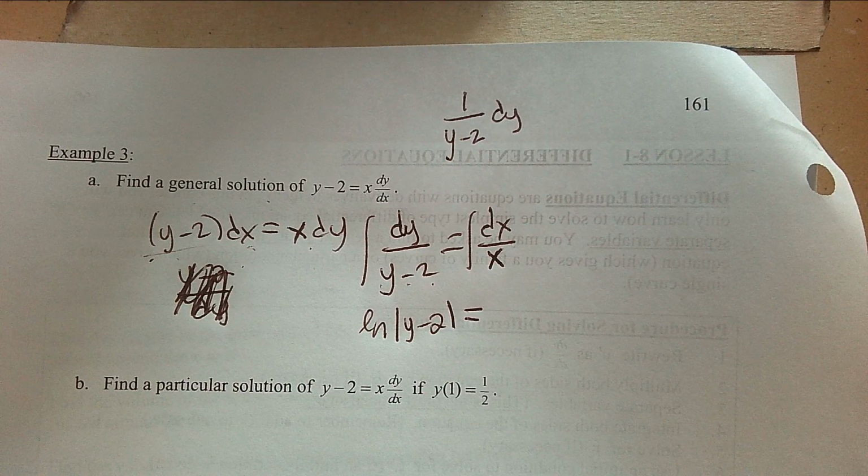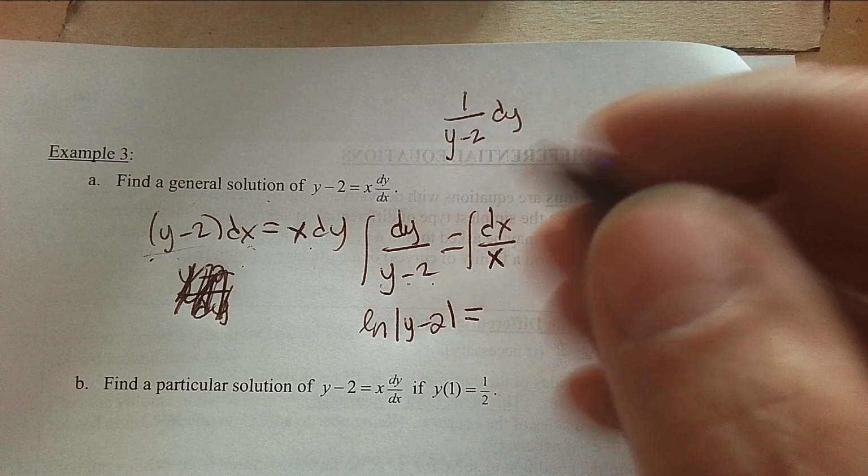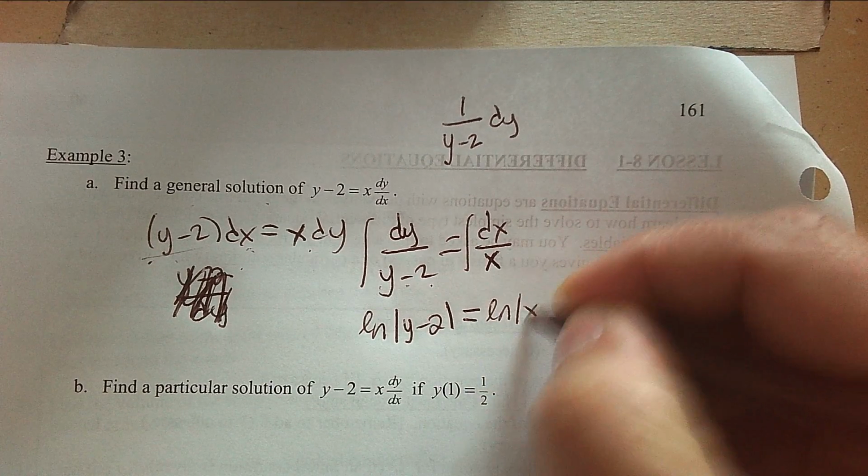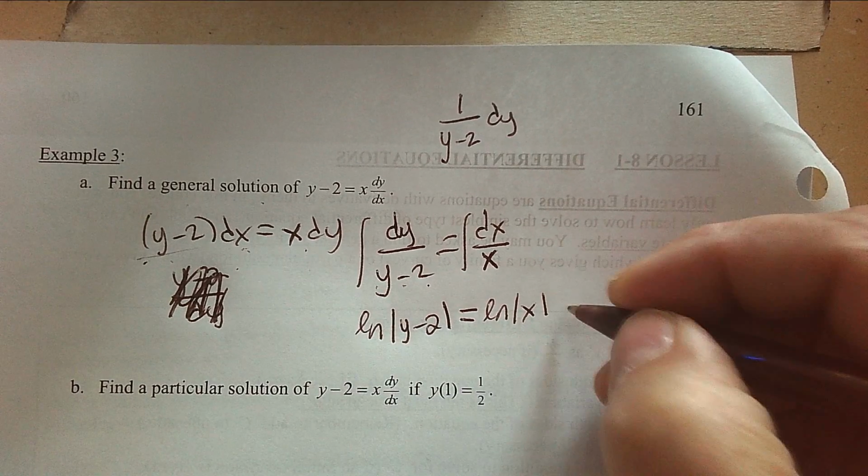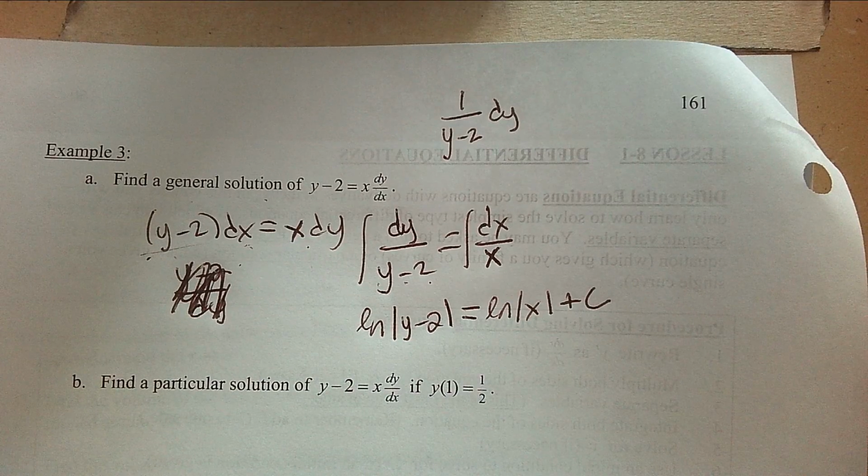What is it on the other side? Ln x, ln absolute value of x. And? No, but keep it with the x. Be consistent with your structure.